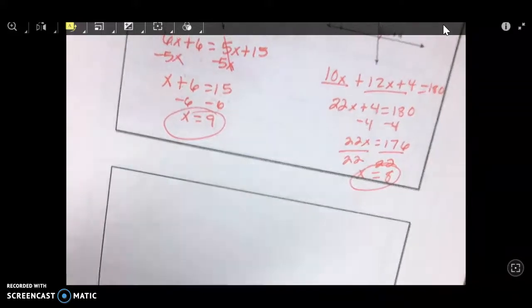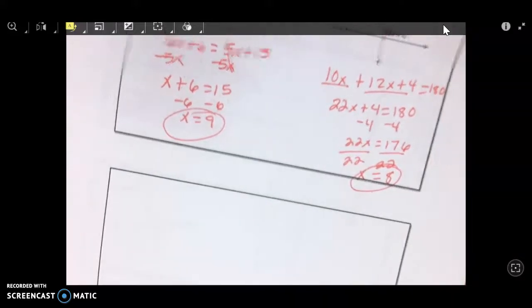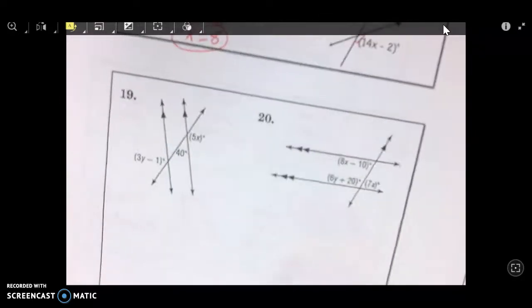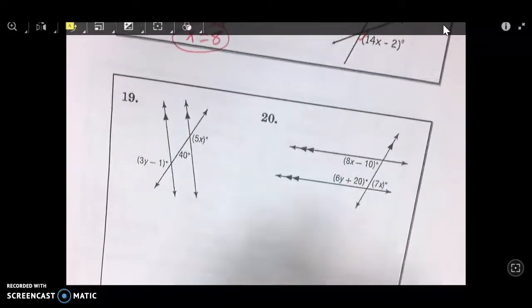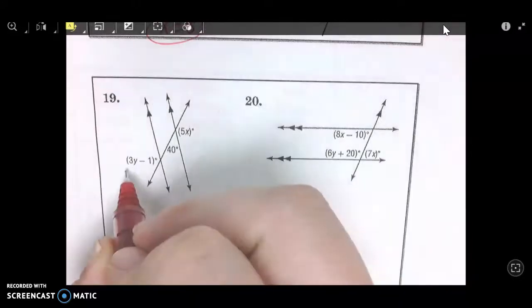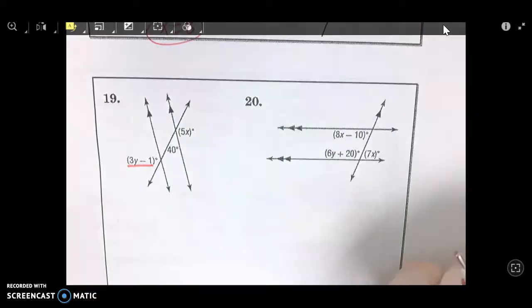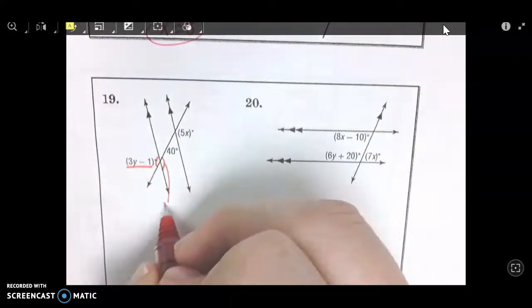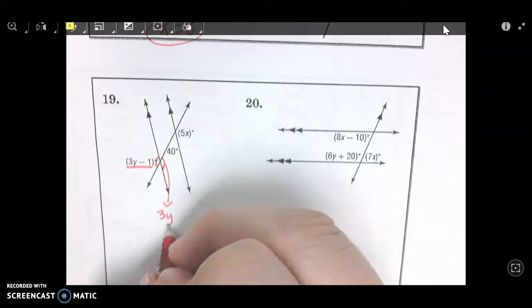All right. And last two examples. So these are probably arguably the most difficult questions we'll do on the notes for today. So look at this angle. This is 3y minus 1. Look at those. These are vertical angles. So that angle is really 3y minus 1 as well.